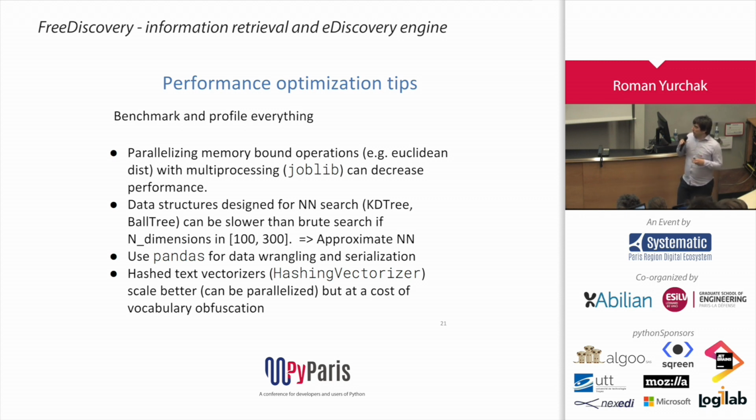This means that the transformer becomes stateless, and we can parallelize it really well. The problem is that we obfuscate the original vocabulary, and when we want, for instance, to compute labels for the clusters, we can't do that anymore unless we try to invert the hashing, which is another problem that I guess we can do approximately. So it's always a balance between whether we need really high performance or we need to keep access to the original document term frequency data.